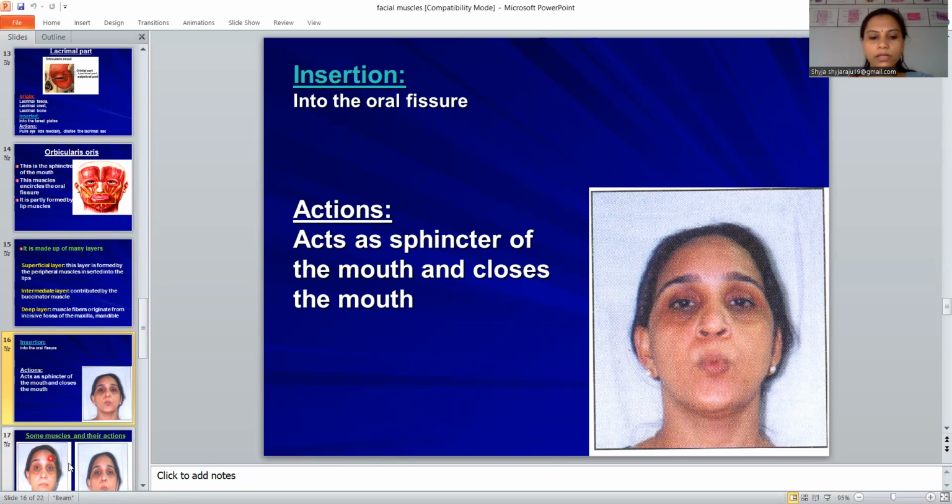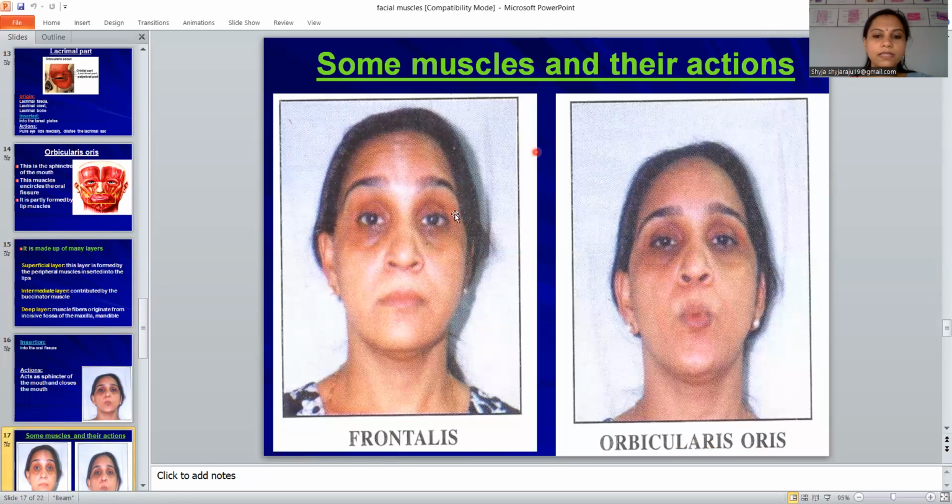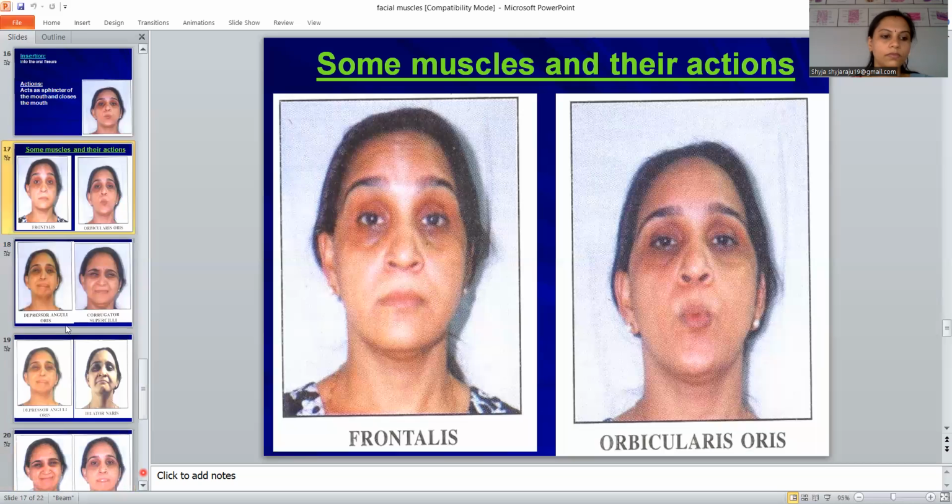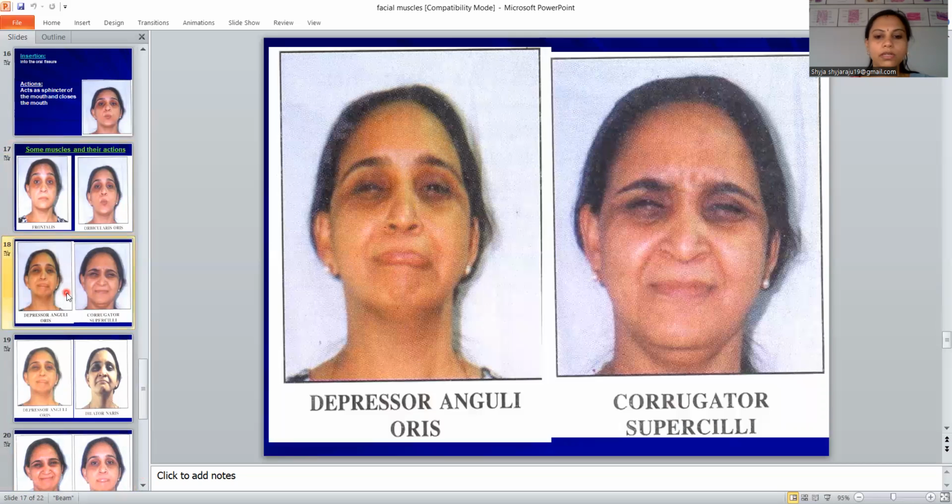Here you can see some muscles with their actions. The frontalis, can you make out the action of frontalis? It will raise the skin of the forehead. Orbicularis oris here. Depressor anguli oris. Corrugator supercilii.